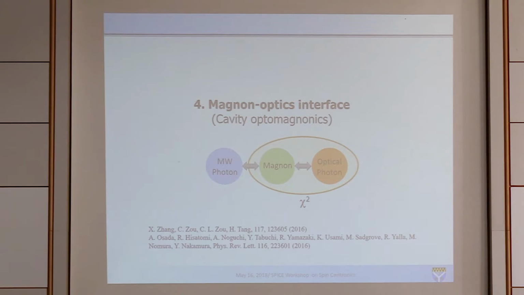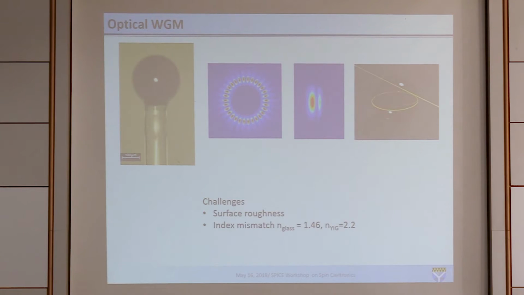Then the same thing applies to the coupling between Magnon mode and optical photon mode. This is actually a much harder problem to solve. With the Magnon-photon coupling, the mode volumes are matched. Whenever you have a mode volume matched, you have a strong coupling. Now, if you look at the photons and Magnons, their mode volumes are not matched.